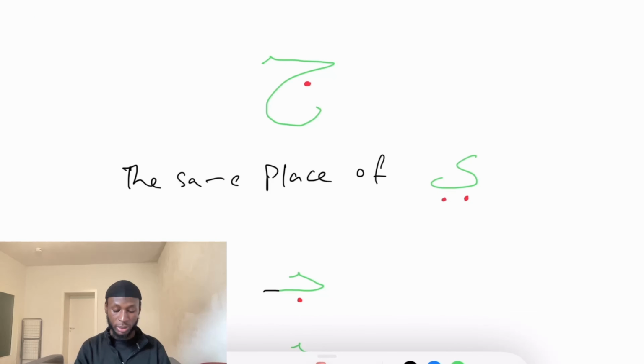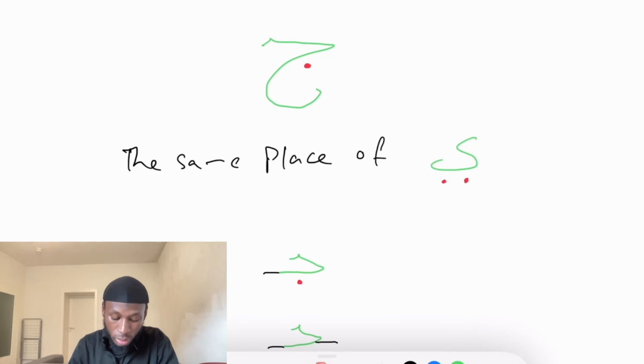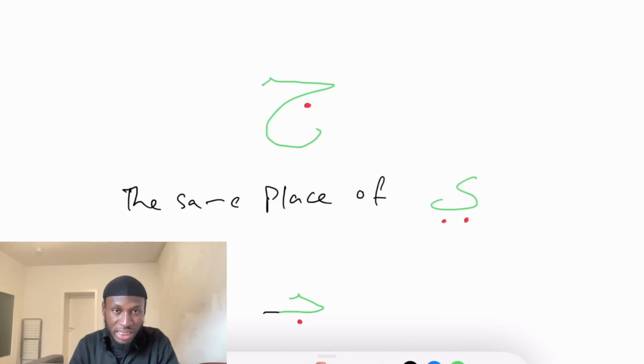Now let's look at Jim. Jim, we saw the place. It's the same place where we find Ya. And if you can see, Jim is similar to which letter? It's similar to Kha. If letters have the same shape, look at the dot. The dot is going to help you. For Kha, the dot was on top of the letter.